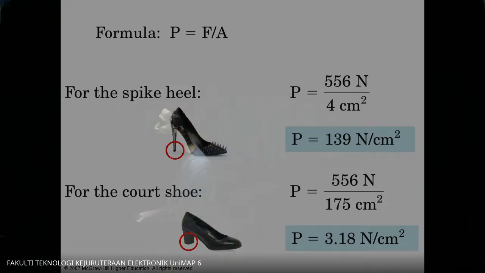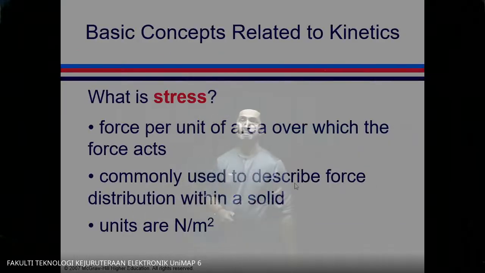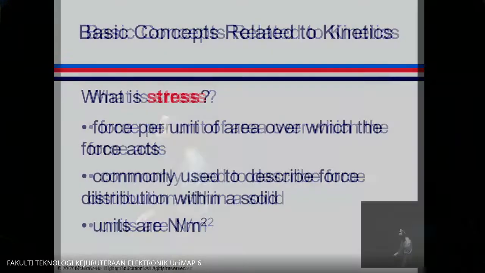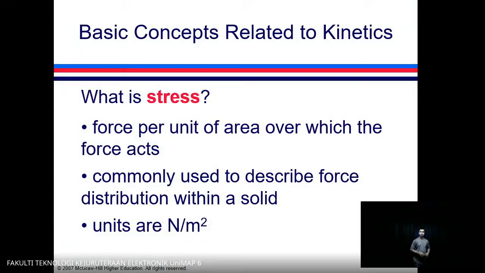Okay, kita tengok lagi, ada lagi tak contoh? Okay, stress. Now is stress. Okay, what is stress? Stress is the same. Force per unit of area. Okay, this is stress. But the symbol of stress is not similar to pressure. This is symbol of stress.